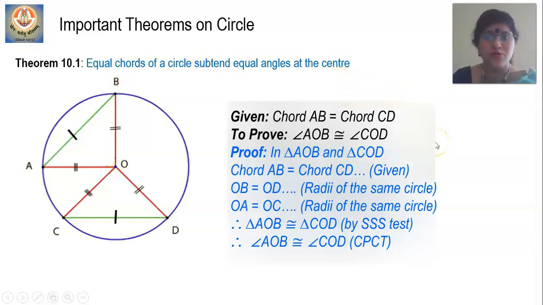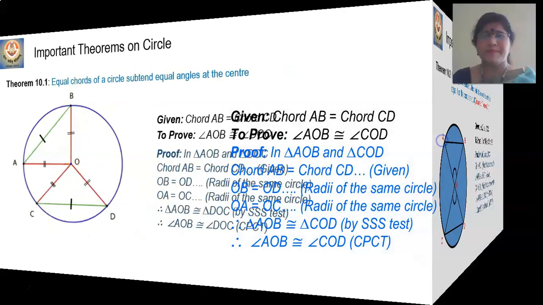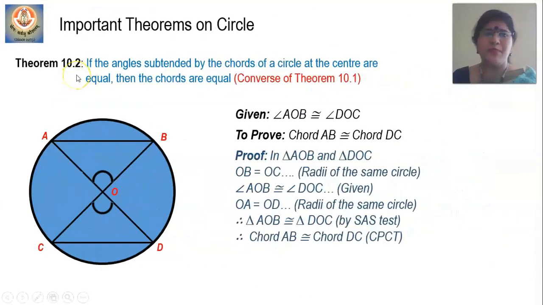Now we move on to another theorem, the converse of theorem 10.1. Theorem 10.2: If angles subtended by the chords of a circle at the center are equal, then the chords are equal. Like I mentioned, it is the converse of the earlier theorem.